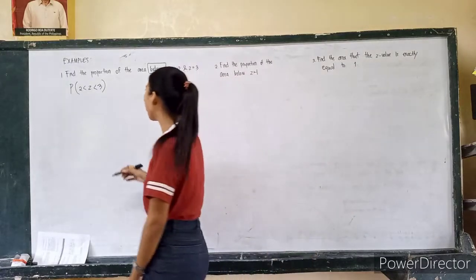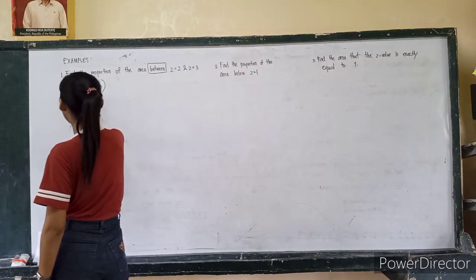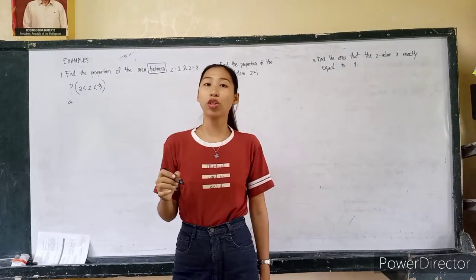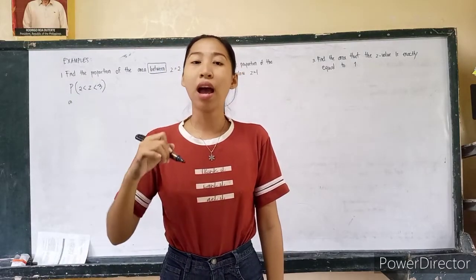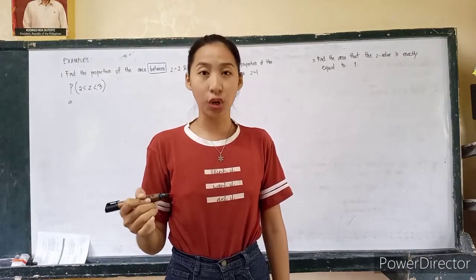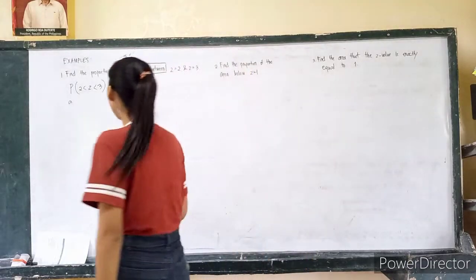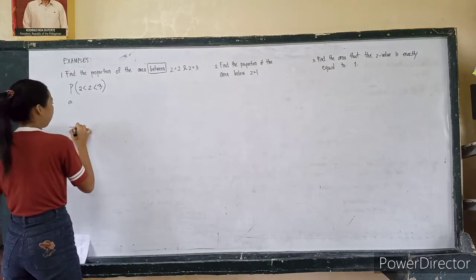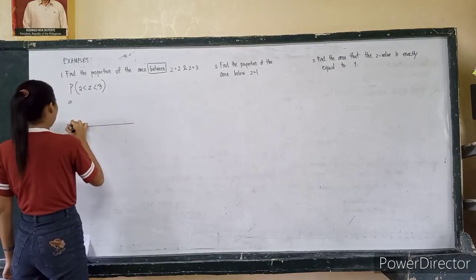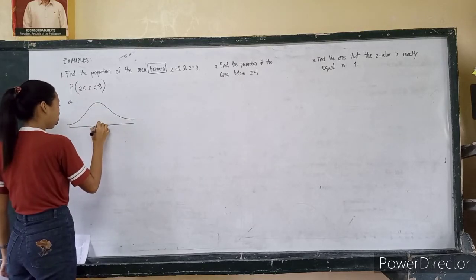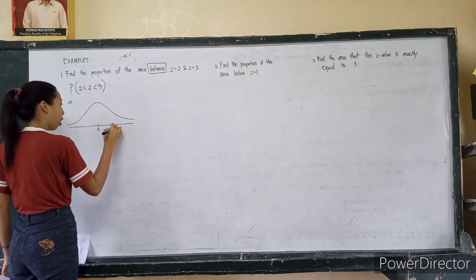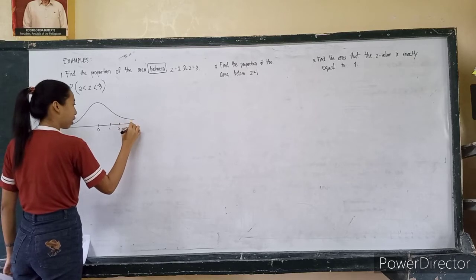Okay? Our first step, no? Our step A is we are going to draw the normal curve first, no? Ato sa pangitaon asa mga region under the normal curve ang ato ang ginapangita. So, in this case, this is your line, your x-axis, and this is your normal curve. This is your standard normal curve. This is 0, 1, 2, and 3.